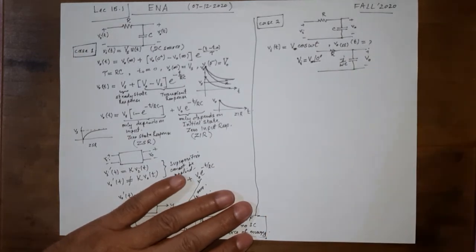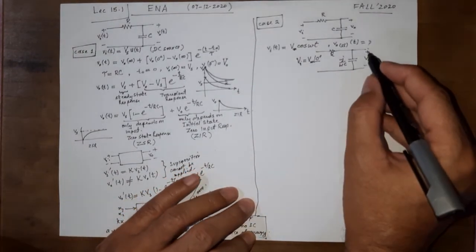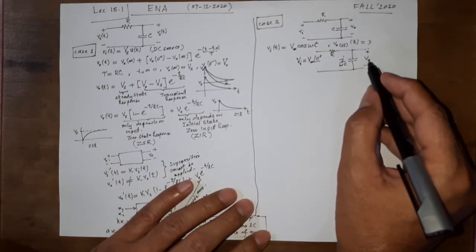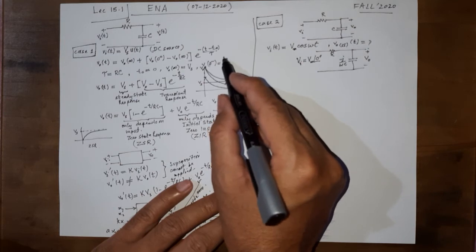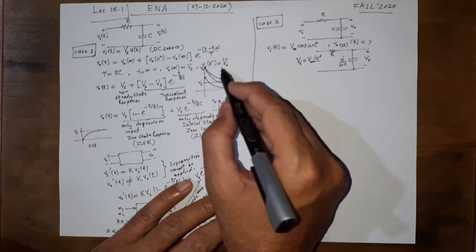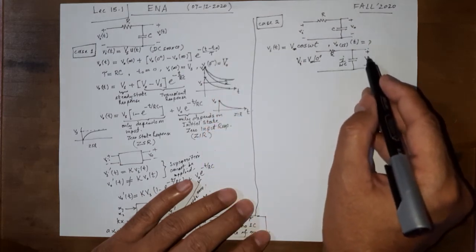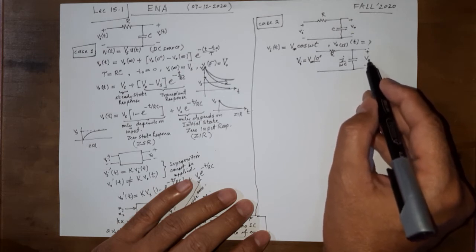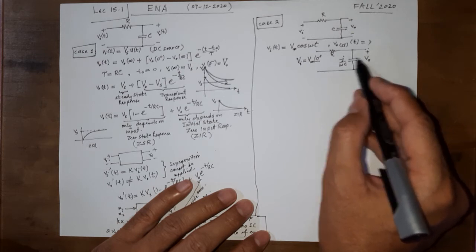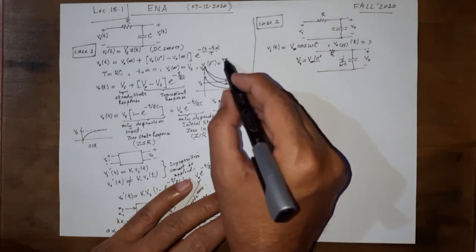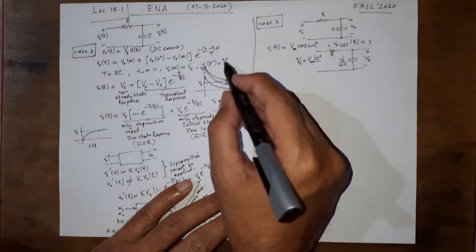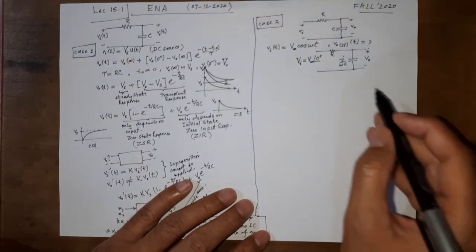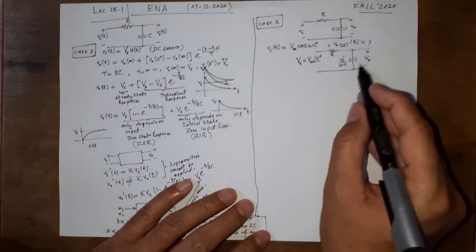Remember, capital V naught is also used to represent the initial voltage on the capacitor. So do not confuse. This is the phasor equivalent of the output voltage, and this is the initial capital bold V representing the initial voltage across the capacitor.